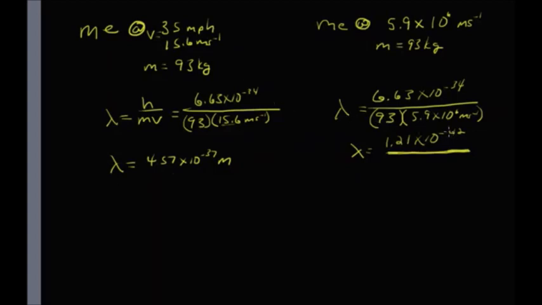My wave is smaller, so there's even more chance of finding me, which is why you see me all the time. No matter what velocity I'm moving, you can see where I'm at because my wave function isn't very big at all.